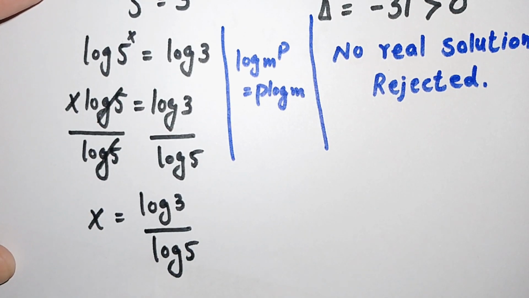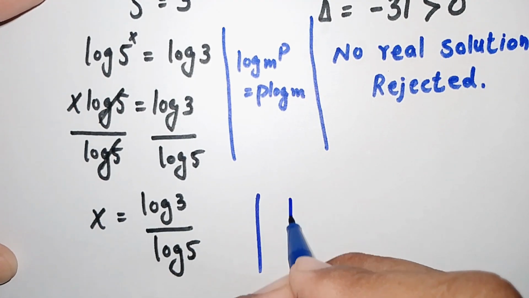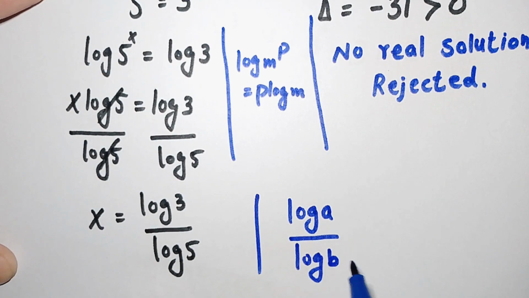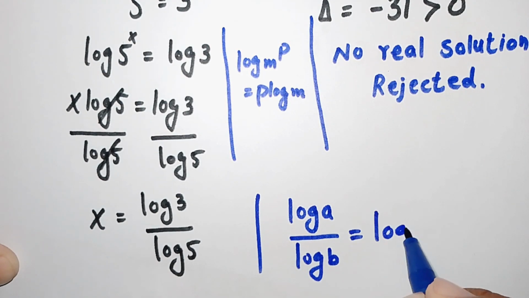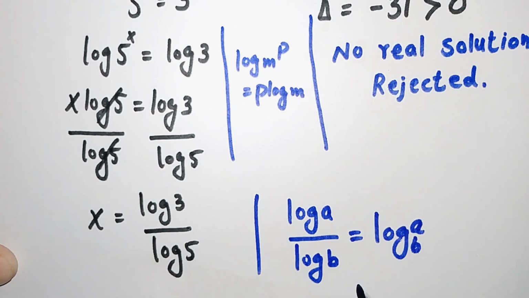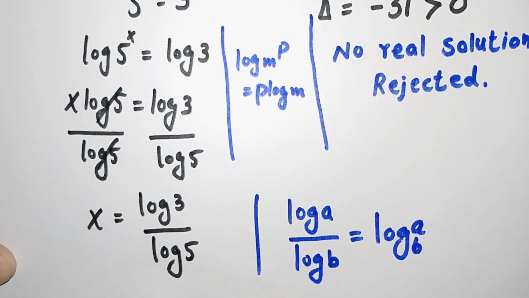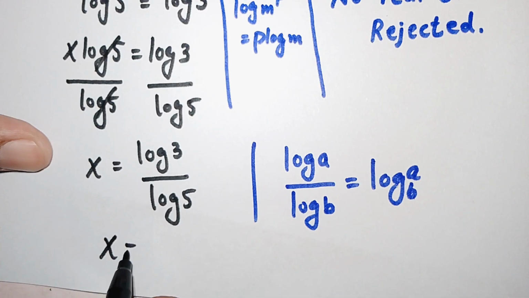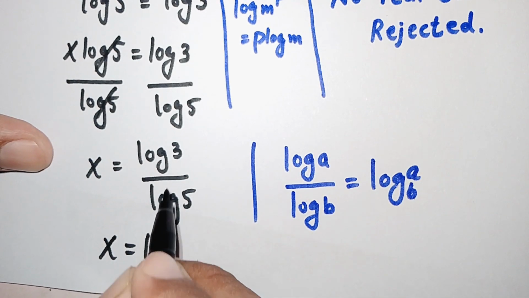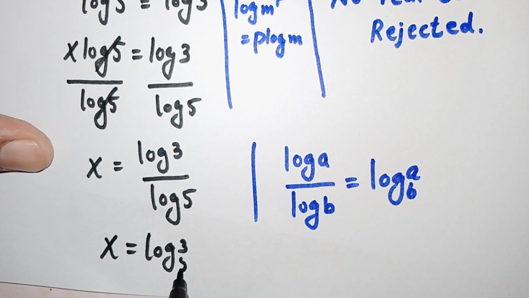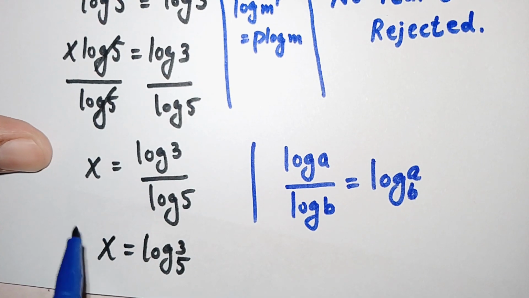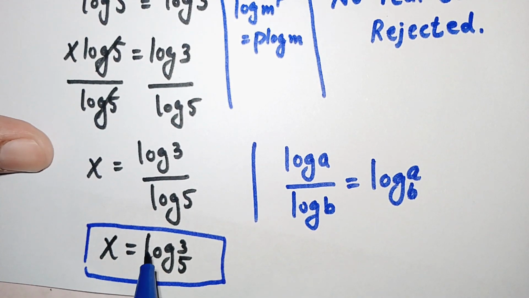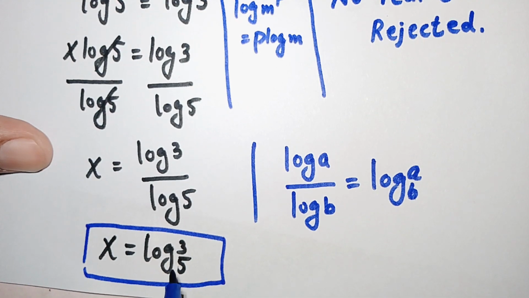Now again we know that log of a divided by log of b is equal to log of a with base b. So to apply this condition, this will become x is equal to log of 3 with base 5. So this is the answer of this interesting question, and the value of x is x is equal to log of 3 with base 5.